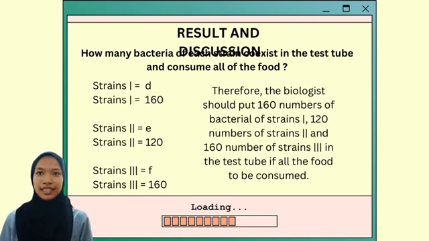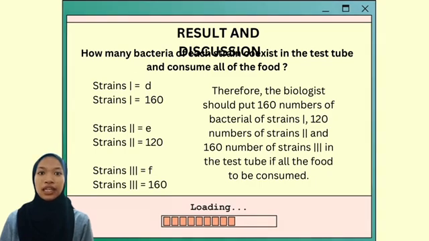Result and discussion. How many bacteria of each strain coexist in the test tube and consume all of the food? Based on the methodology, we get strain 1 equals 160, strain 2 equals 120, and strain 3 equals 160.